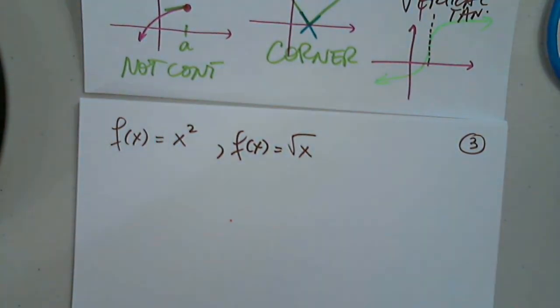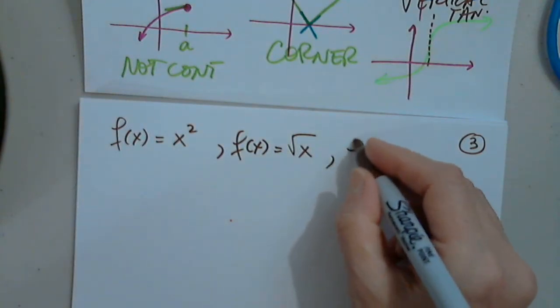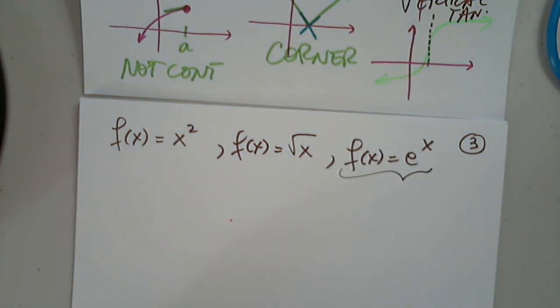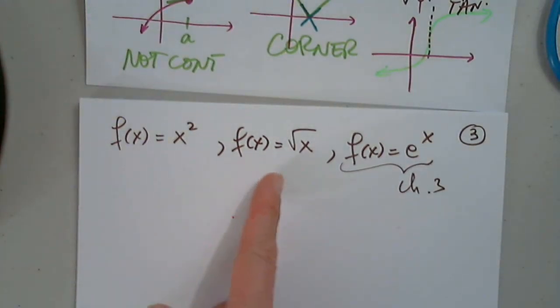And that's enough for now. I wanted to add exponential, but we have a special chapter that deals with this, chapter 3. So we don't have to do the exponential right now. Okay, so let's choose either one.